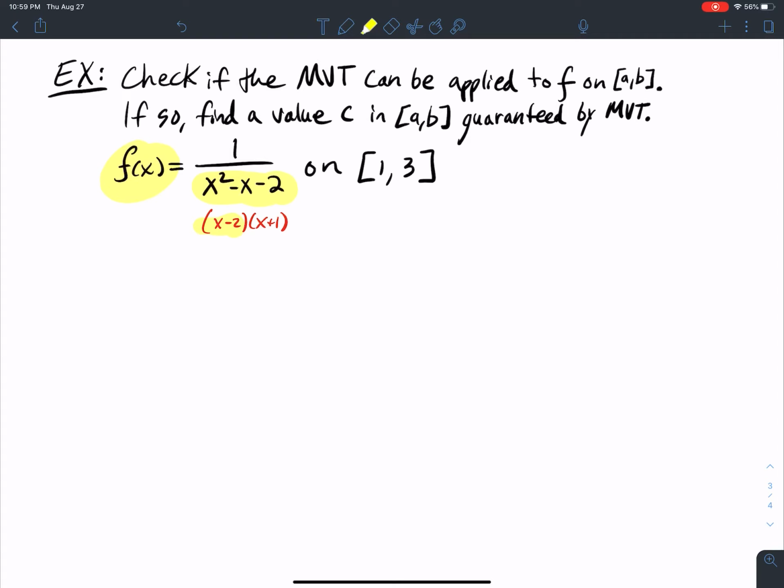Once again, if you're having trouble factoring, I always tell you to go to the video in college algebra, but I guess I can do one of these. For the trinomial, I want numbers that multiply to negative 2 and add to negative 1. If I do negative 2 times 1, that gets me negative 2, and negative 2 plus 1 gets me negative 1.